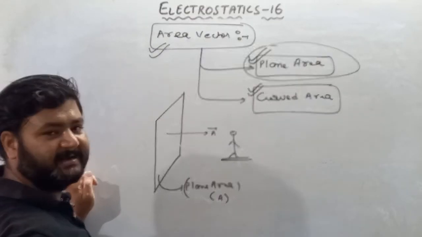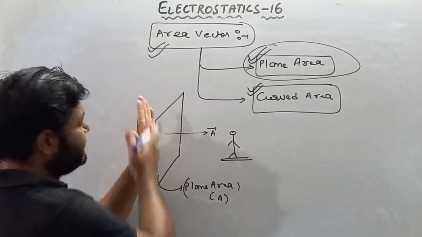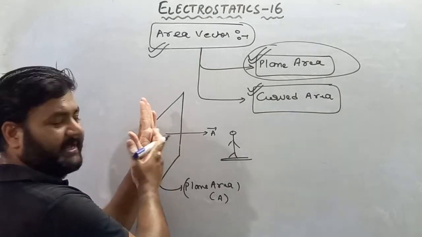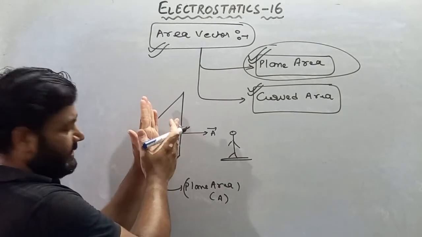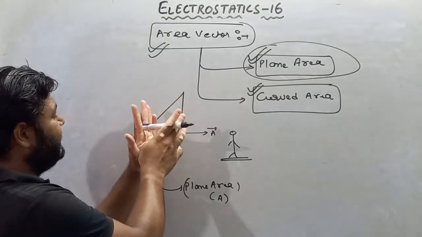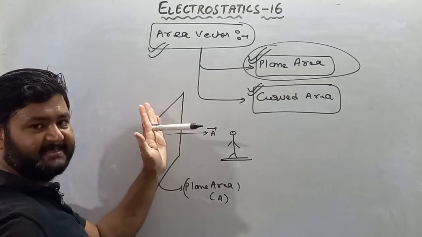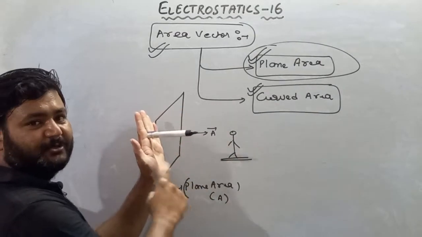I hope you all are understanding the point that this is our plane area, and for any plane area, the direction of area vector is like this and towards the observer.